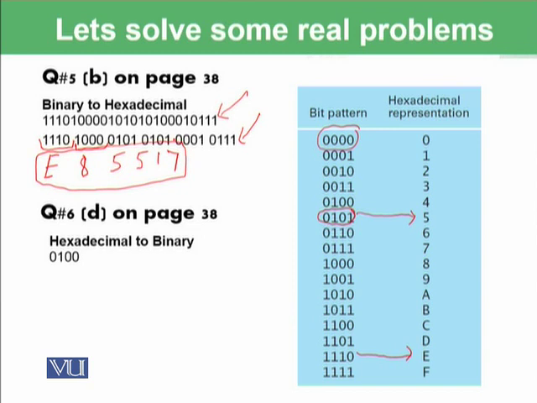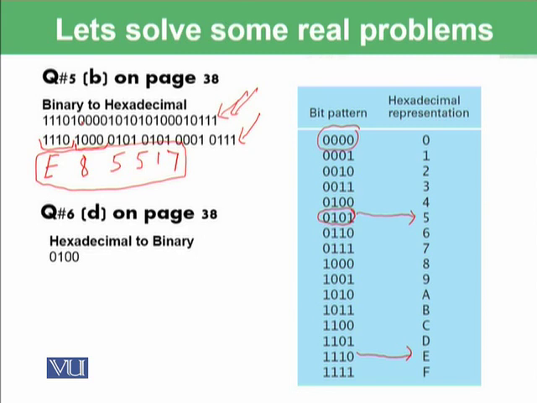So you do not need to say all of this number. You need to say this number is E85517 in hexadecimal notation. So remember that this hexadecimal notation is only for humans to understand. This is not for the computer. Computer still saves information in binary digits.